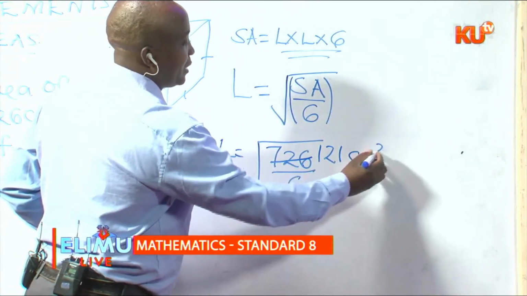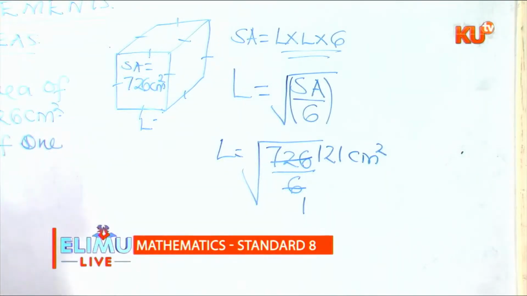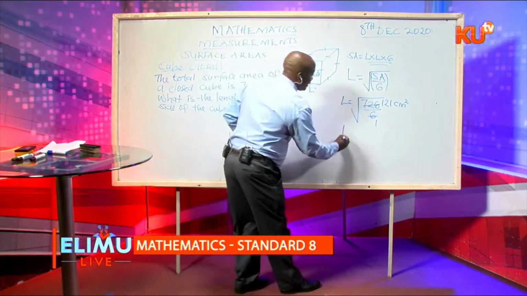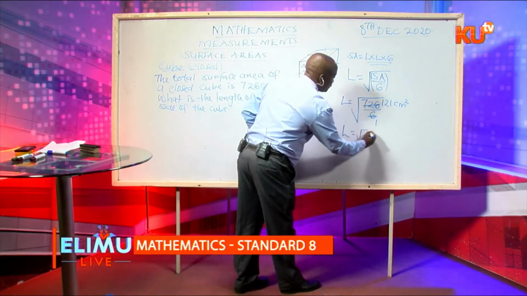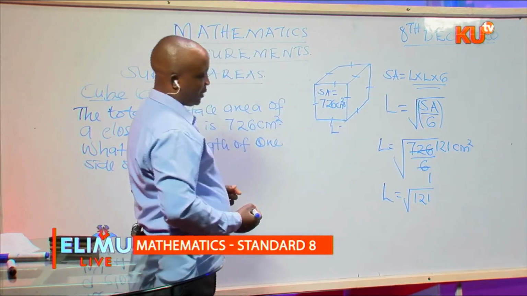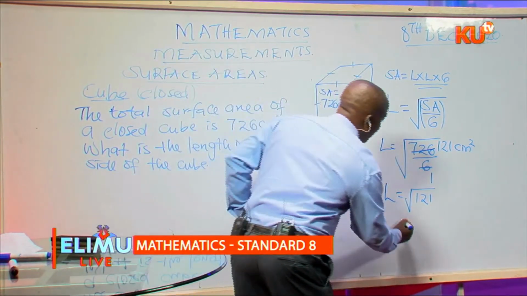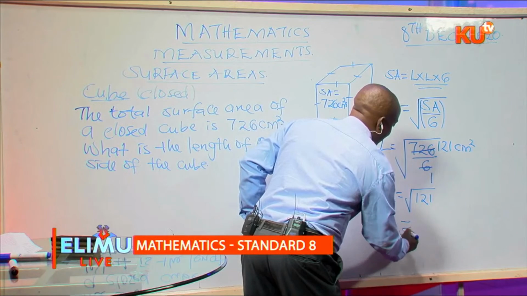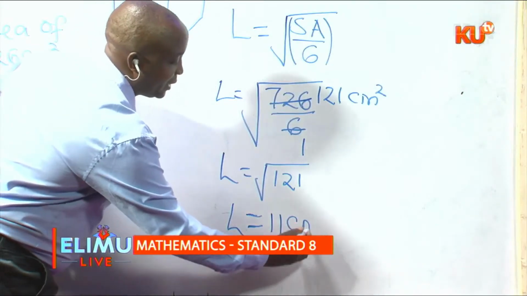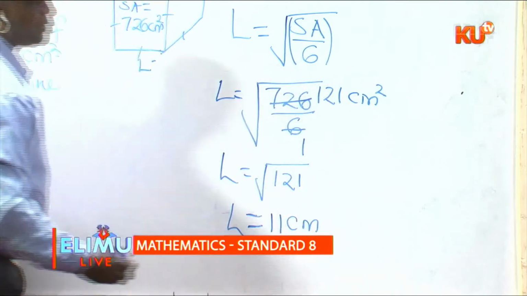And this is centimeters squared because it's the area of one face of the cube. Now to find the length of one side, we are going to find the square root of 121. So what is the square root of 121? We look for the number you multiply by itself to give you 121, and we get 11 centimeters.